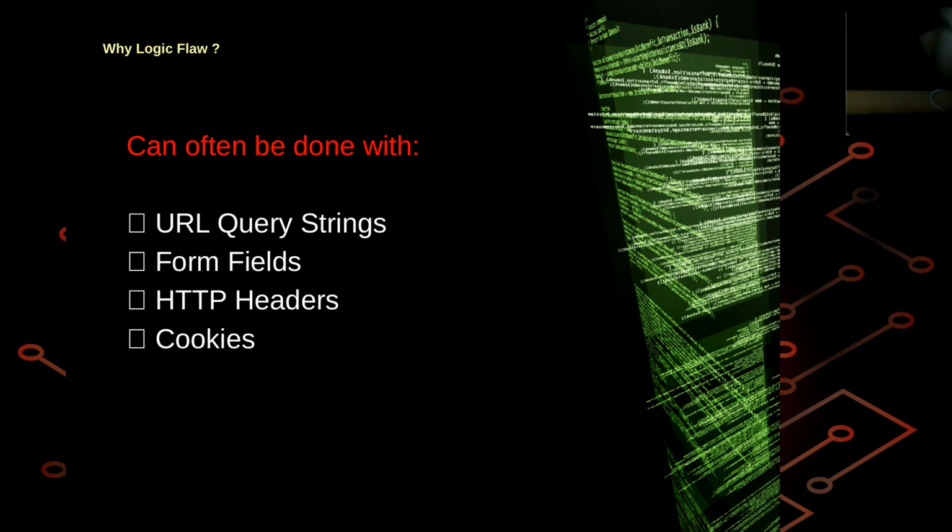So this information is stored in the query string and is captured by the website when it reads the URL. We also have the form fields, which we can also call the form body. It contains elements that define how each part of a page appears and behaves. The third thing is the HTTP header. The HTTP header lets the client and the server pass additional information with an HTTP request or response.